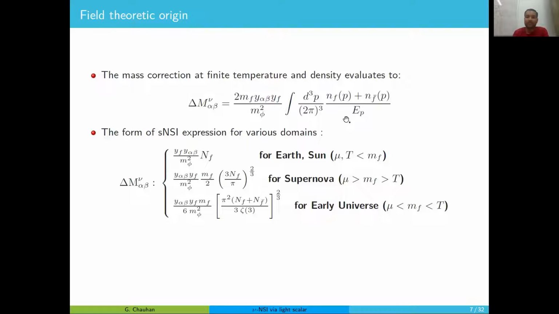So we see that this integral comes out to be proportional to nf to the power 1 for the case of Earth and Sun, since the background medium is non-relativistic. For the case of relativistic media like supernova and early universe, we see that this integral comes out to be proportional to nf to the power 2/3. So this is one crucial difference in these two cases.